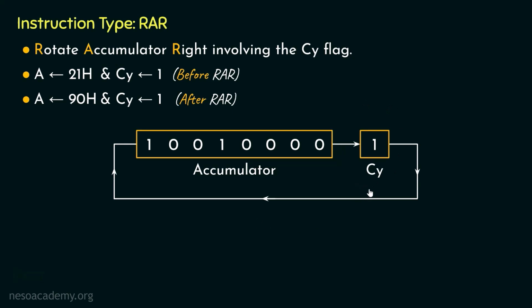Also, if we reset the carry flag's content prior to the execution of the instruction type RAR, execution of the instruction RAR will convert the value of the accumulator into its half. Apart from these two, we can also use the instruction RAR to introduce a new bit as the most significant bit. Also remember, the instruction type RAR, just like the previous one, falls under the 1 byte long instructions category.